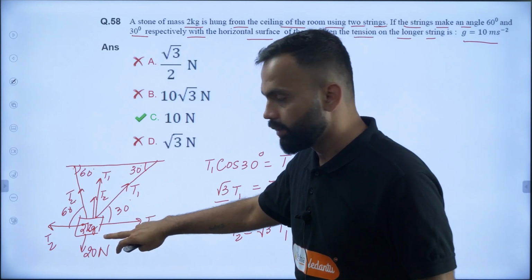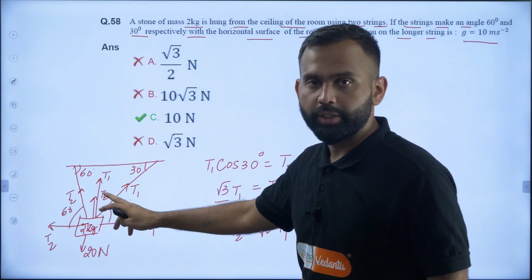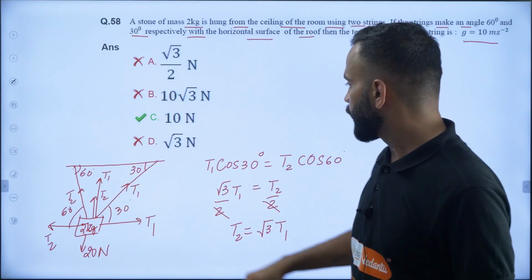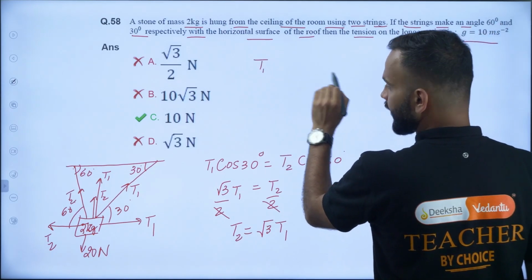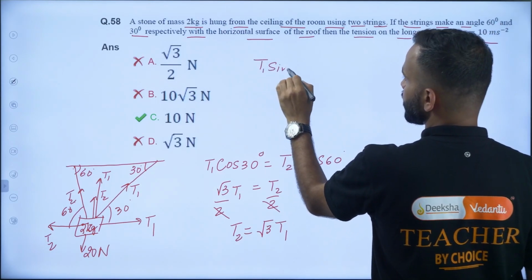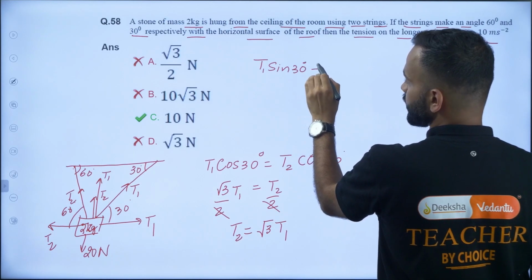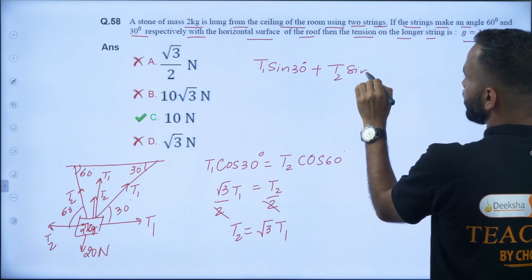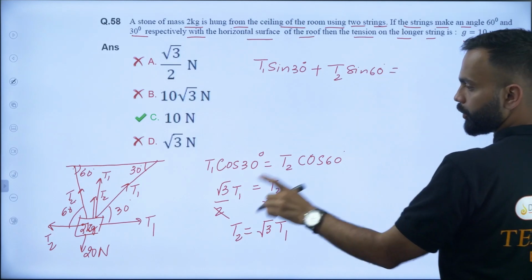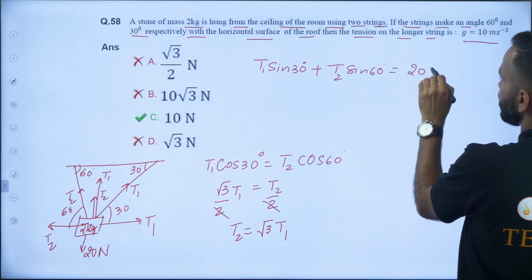Now let's write the vertical component forces. T1 sine 30 degrees plus T2 sine 60 degrees is equal to 20 Newton, because it is in equilibrium.